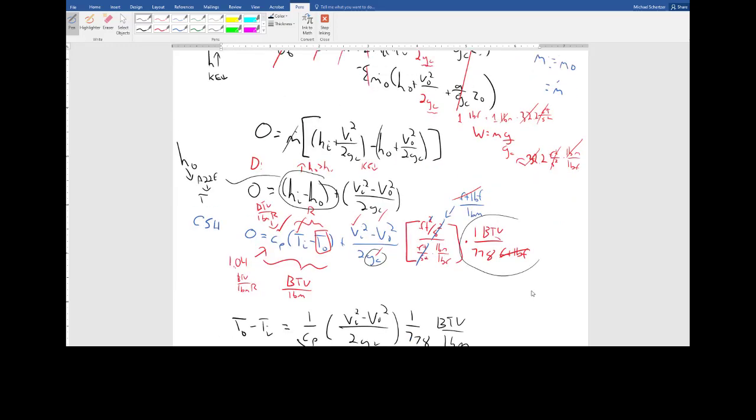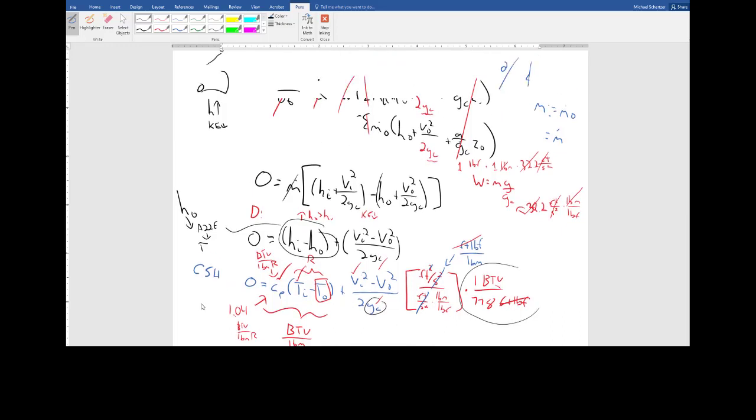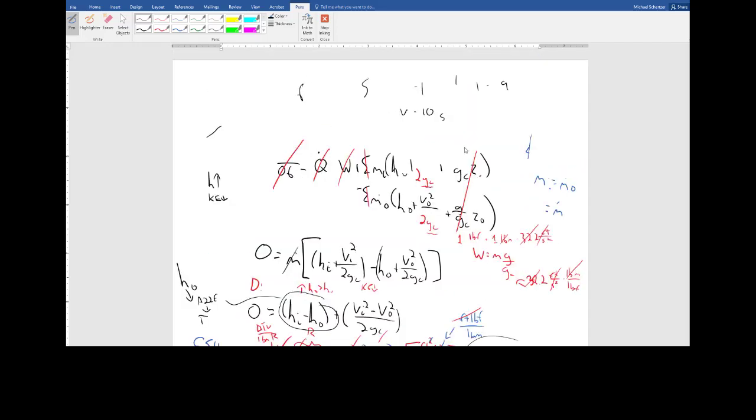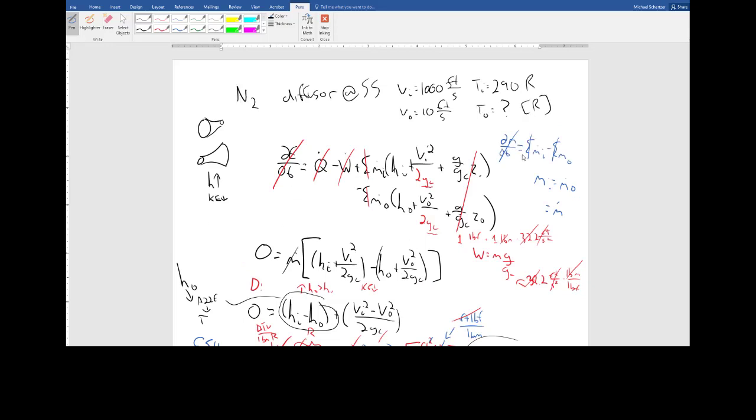Is that true? Did I do it right? Well, the answer is 370, so I'm trying to get there. So maybe there's a mistake. It's 10, because I did 100. 10 squared minus 1,000 squared.